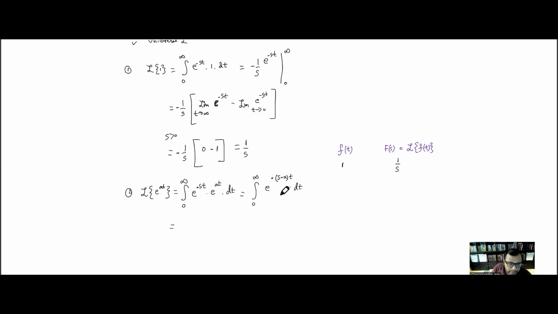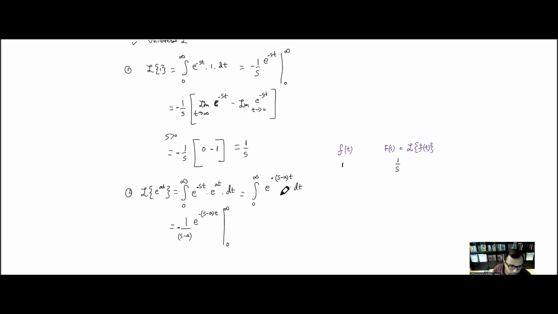So what is the antiderivative of this? This will be e to the power minus (s minus a)t over minus 1 by s minus a, and we are calculating this from 0 to infinity.